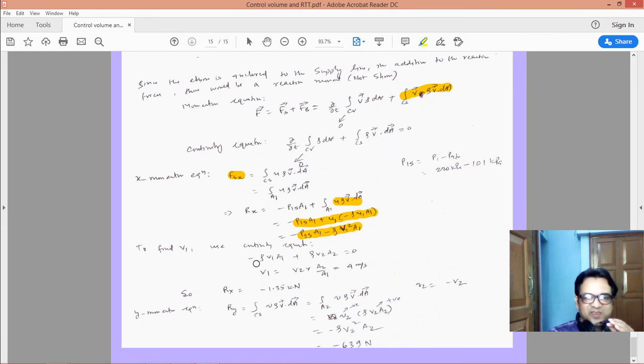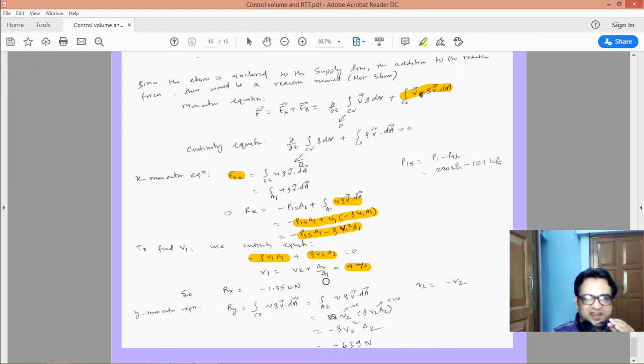There is only one inlet and only one outlet, so the summation of net mass flux out of the control volume will be 0. At inlet the mass flow rate is this much, negative. At outlet the mass flow rate is this much, positive, and the summation will be 0. So from here you will get V1 equal to 4 meter per second. Put this velocity V1 in this equation, you will get Rx equal to minus 1.35 kilonewton.